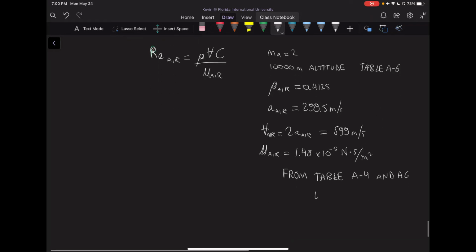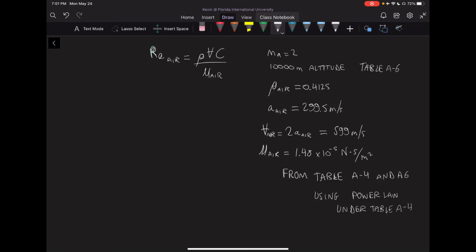And this is using the power law under table A4. Okay, so we can see that the viscosity of air changes from 1.8 at 20 degrees Celsius to 1.48. So it's not something that we can ignore.